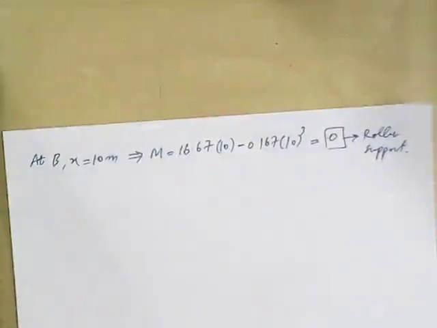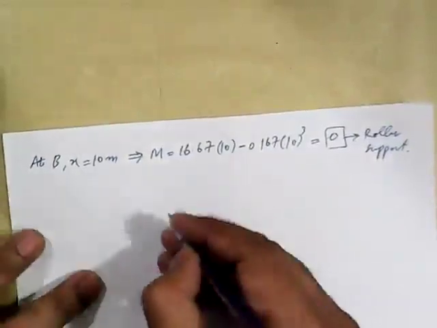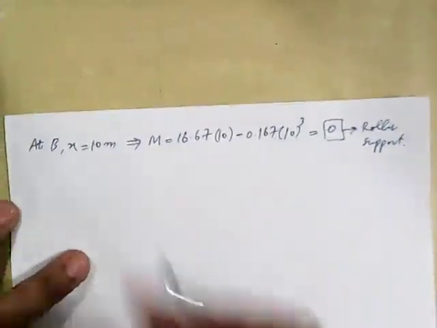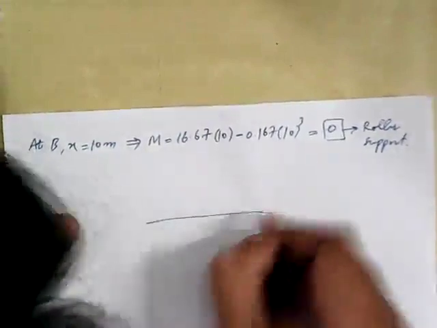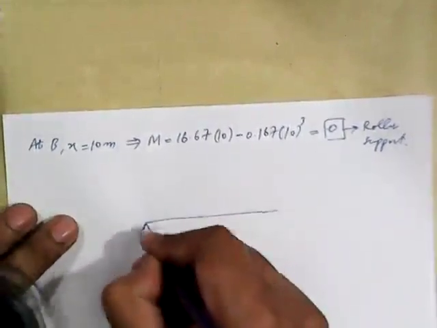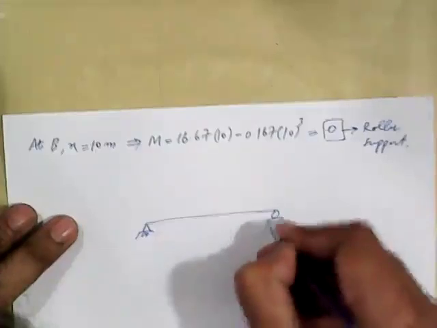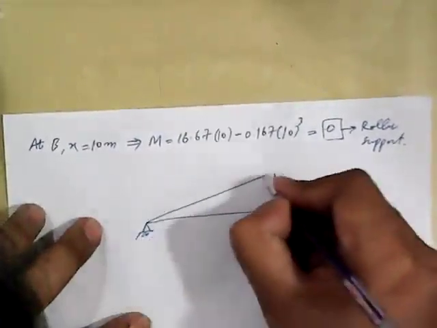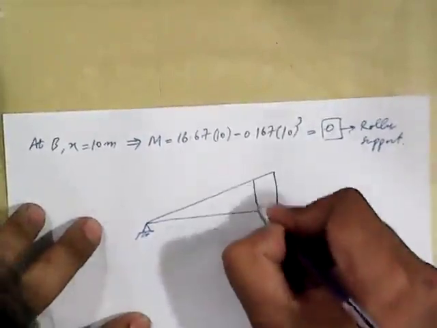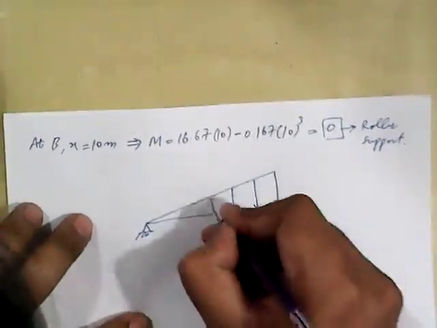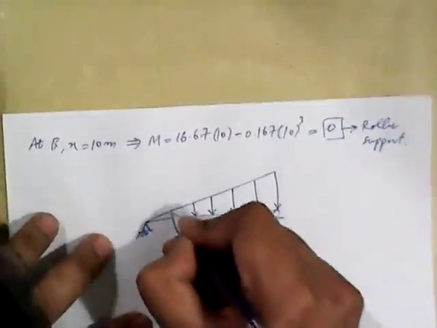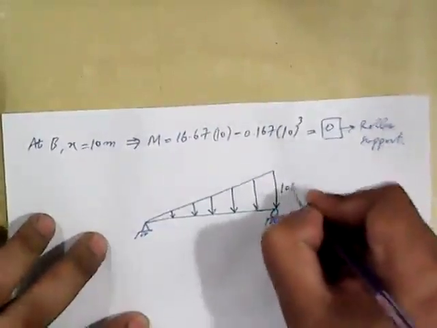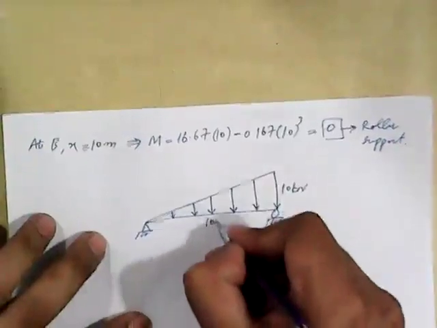All right, let me draw the beam here once again. So we have a simply supported beam subjected to a UDL, which is 10 kilonewton and is 10 meters.